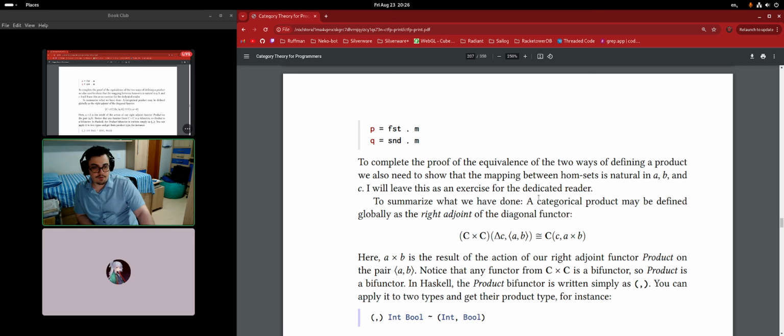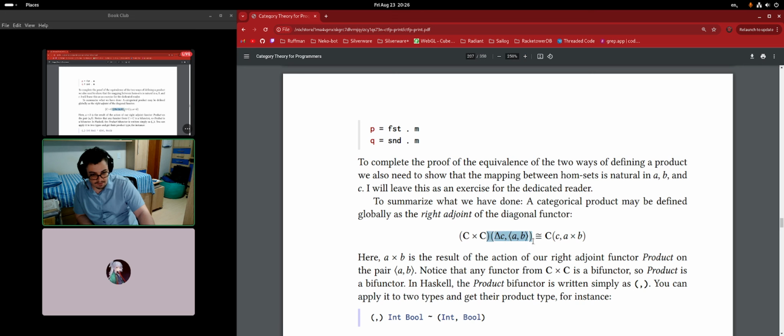So to summarize what we have done, a categorical product may be defined globally as the right adjoint of the diagonal functor. So what are we saying here? We are saying that this home set is naturally isomorphic to this one, which means that the morphisms.